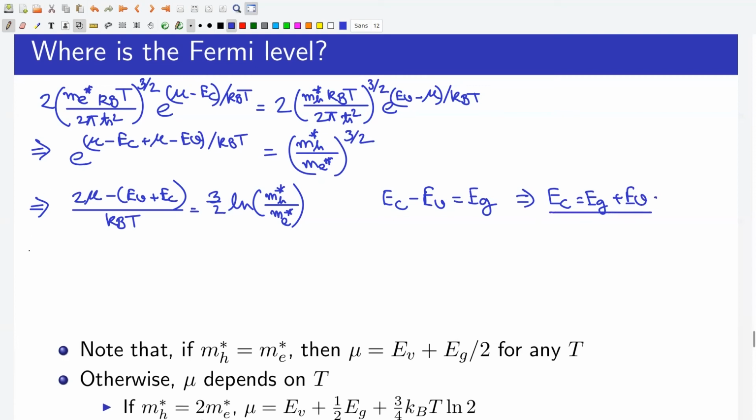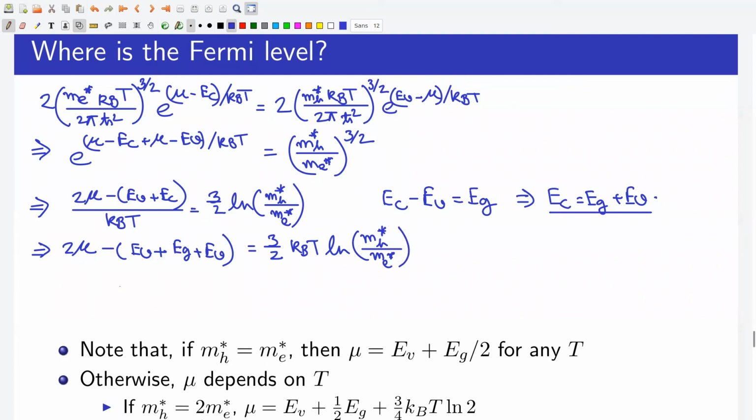Replacing this in this equation, we get 2μ - Ev, and in place of Ec, I write Eg plus Ev, is equal to 3/2 kBT log of mh* by me*.